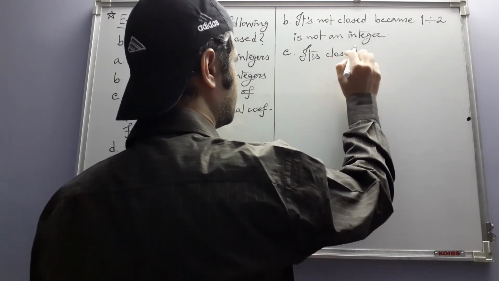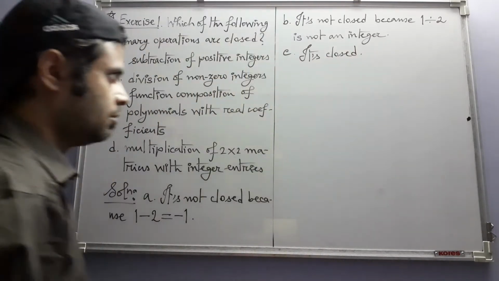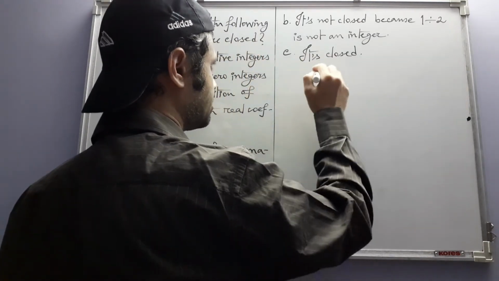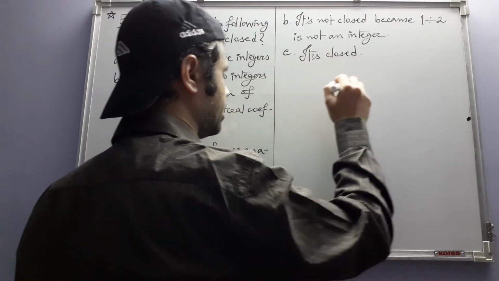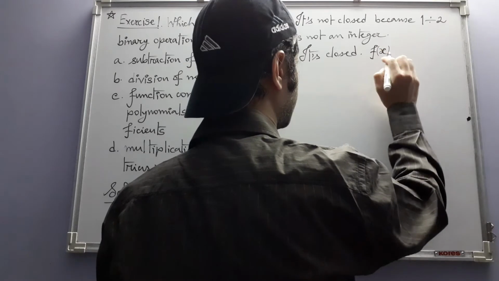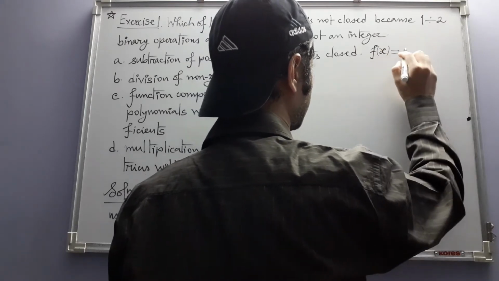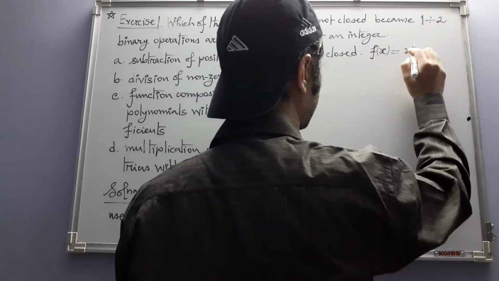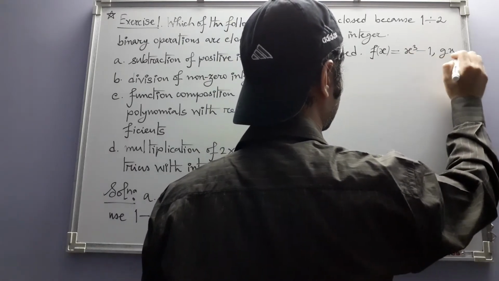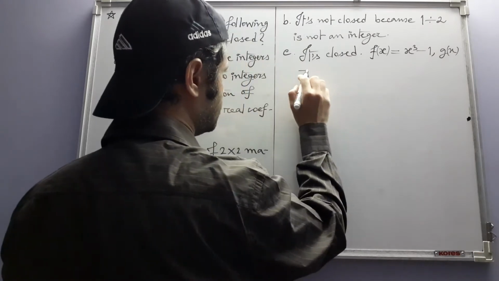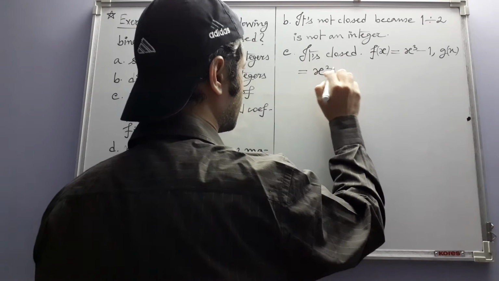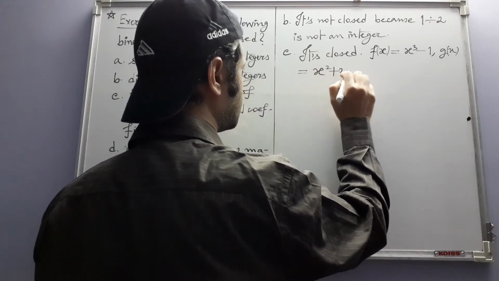But why is it closed? I won't show the general thing. What I will do is take 2 polynomials, say f(x) equal to, anything you can take, x cube minus 1 say, and say g(x) is equal to x square plus 2x.